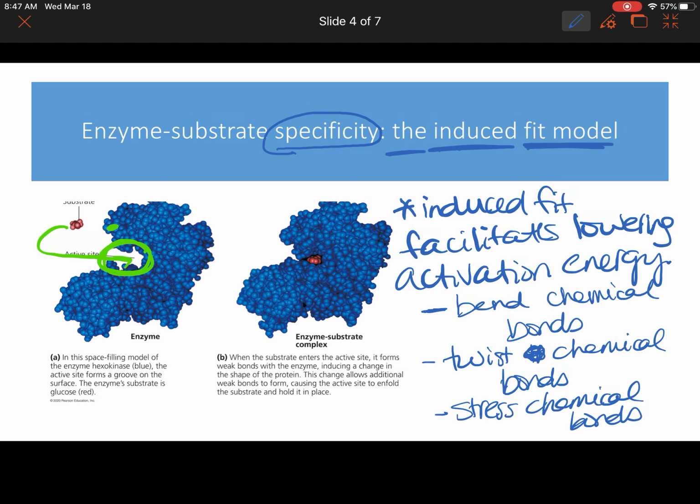So remember our other Bio 1 mantra, shape determines function. Okay? An enzyme's active site is specific to the shape of its substrate.